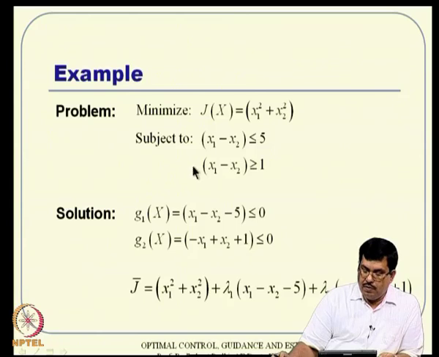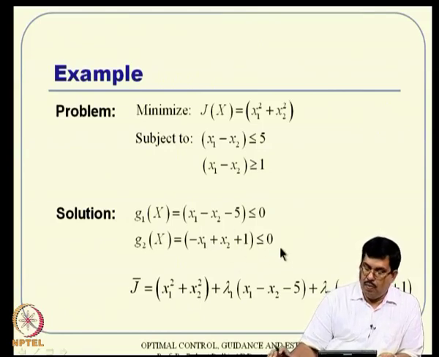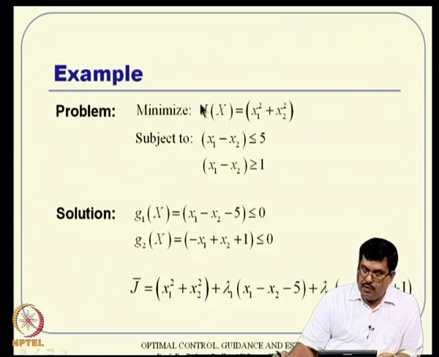The second one you have to change sign: if you put a minus sign here, it becomes less than equal to minus 1, in that sense it is minus x1 plus x2, and remember this is a minus 1 here, so it becomes plus x1, plus 1. So, this G2 of x has to be less than equal to 0. Now we have a standard form: minimize this cost function subject to G1 less than equal to 0 and G2 less than equal to 0. That is what we are looking at. So, what is the standard thing?